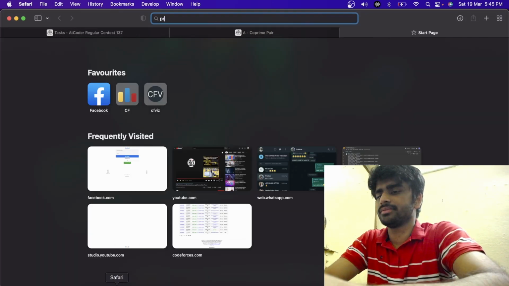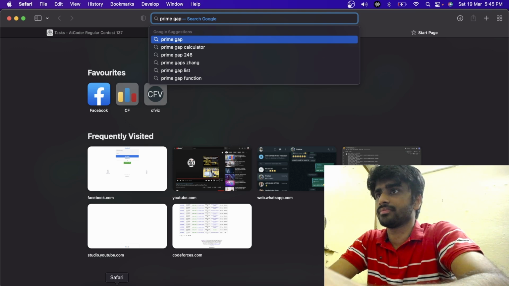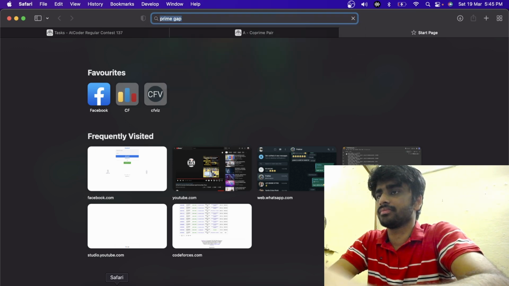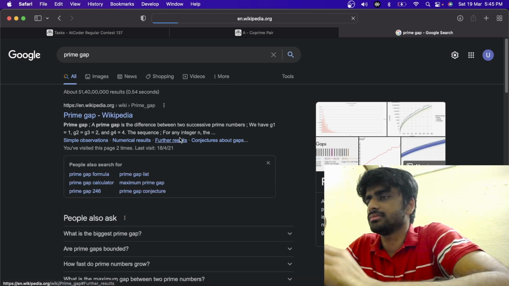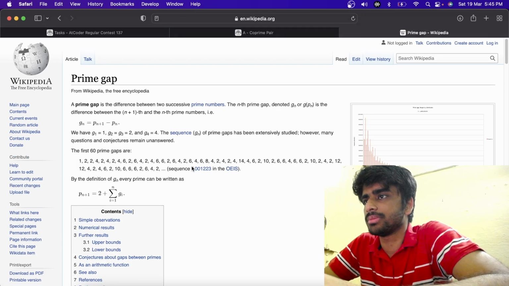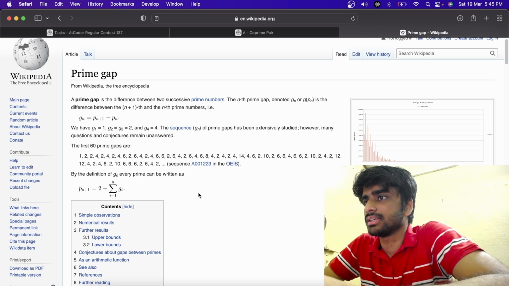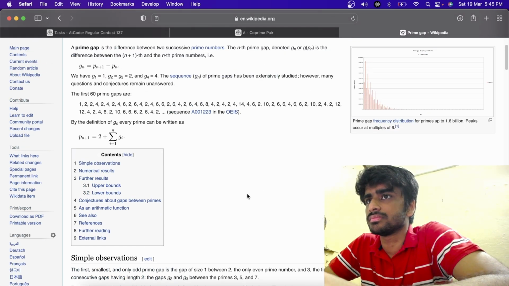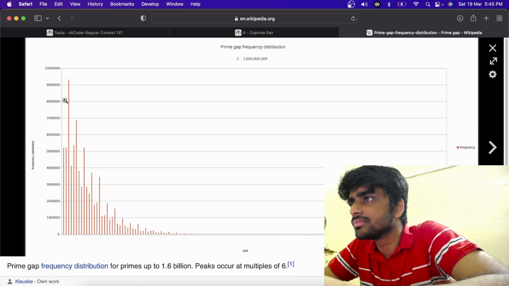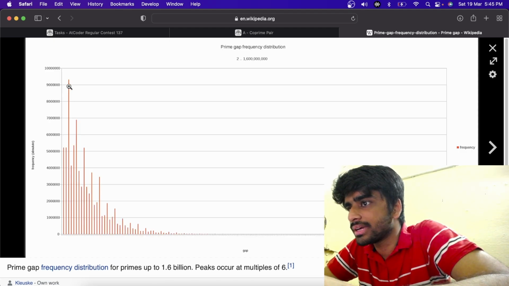Let me Google this thing. So what's the normal gap between two prime numbers, right? Okay, it can be pretty big actually.